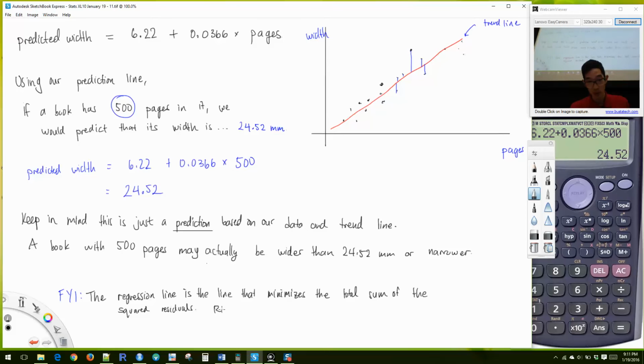And the residuals are equal to the actual value minus the predicted value. It's probably good to know that a positive residual means your actual value was larger than what we predicted, and a negative residual means the actual value was smaller than what we predicted. I think that's a good thing to know. So I'll write that.